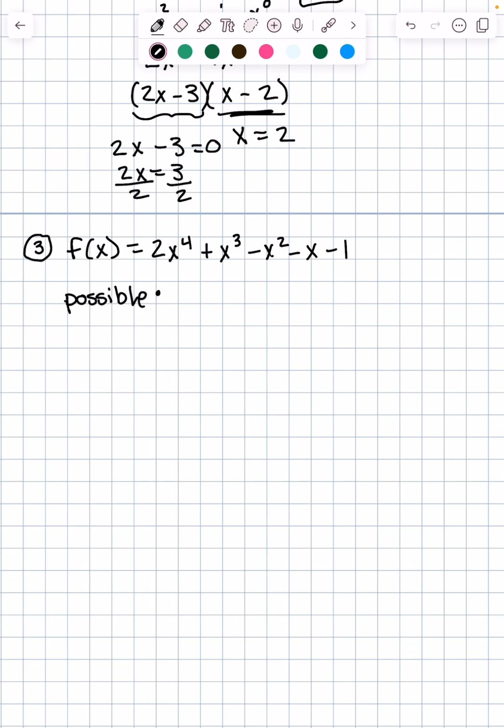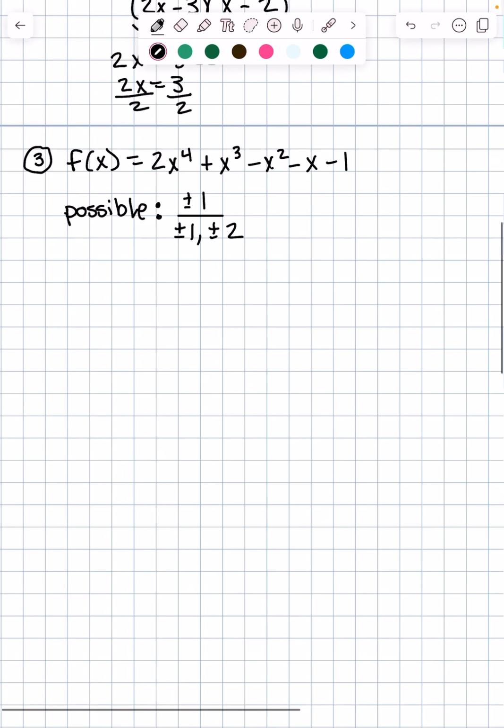So my possible zeros here are factors of the constant, which would just be plus or minus 1, divided by factors of the leading coefficient, which would be plus or minus 1, plus or minus 2. So my possible zeros here, possible x-intercepts, would be plus or minus 1, and plus or minus 1/2.